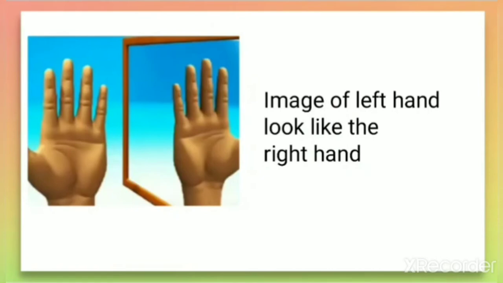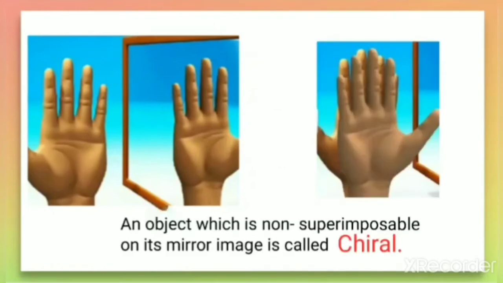If we hold our left hand in front of a mirror, then its image looks like the right hand. If you try to superimpose the left hand on the right hand, both palms down, we observe that the hands cannot be superimposed. So, such objects which are non-superimposable on their mirror image are called chiral.